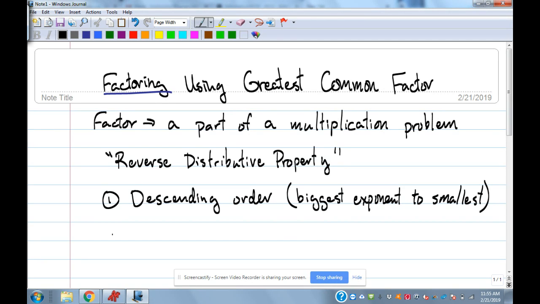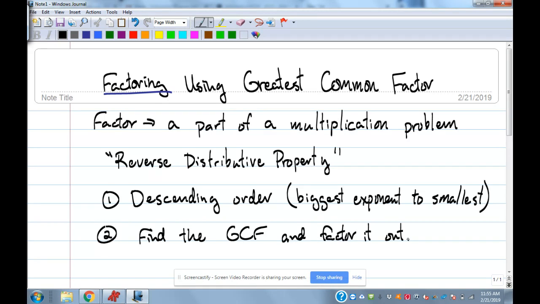Okay. The second thing we're going to do, and we're going to add to these as we go through the unit. So we're always going to start by putting in descending order. The second thing we're going to look for is: find the GCF, greatest common factor, and factor it out. Okay.